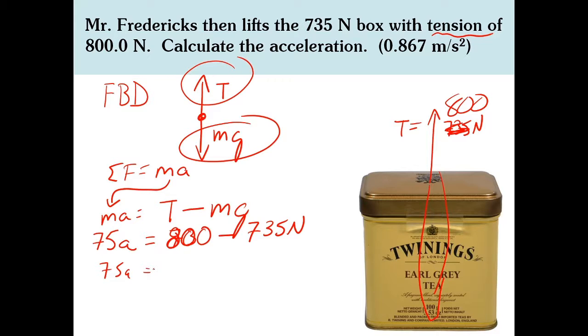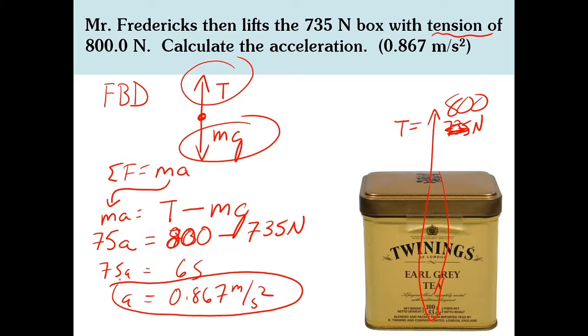So at this point, we're going to do a little tiny bit of algebra, and divide over and see what we get. Yeah, 0.867 meters per second squared. There's another example of that kind of problem.